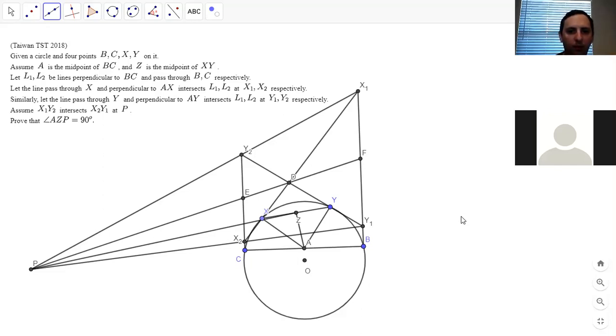It's an interesting problem. I feel like I want to use this somehow, I just don't know how. Does a spiral similarity take AZP to some other kind of triangle? I don't know.